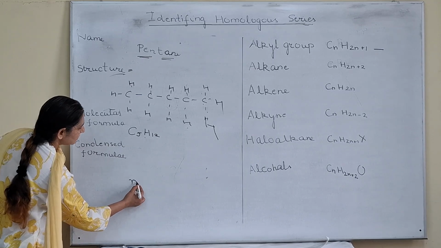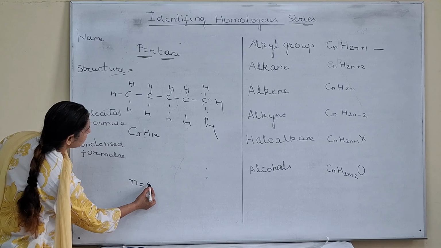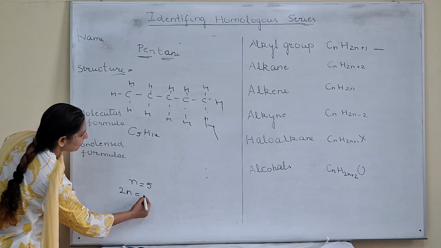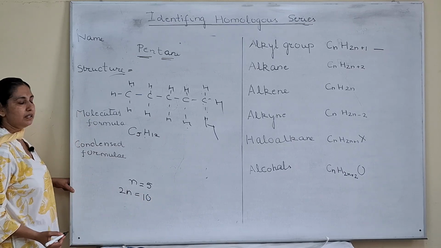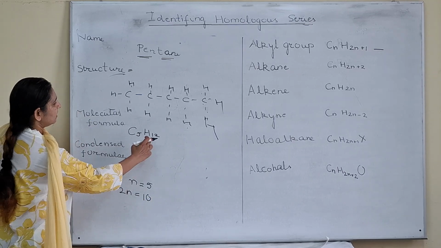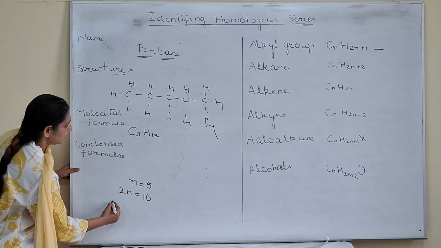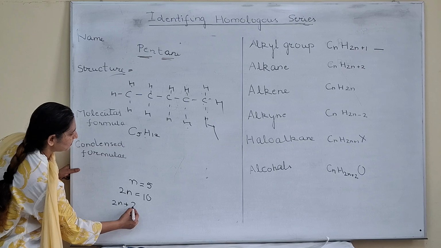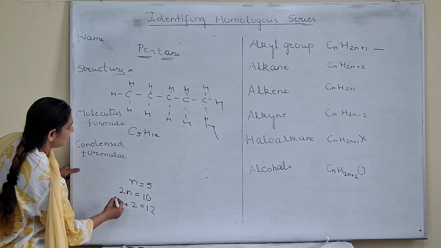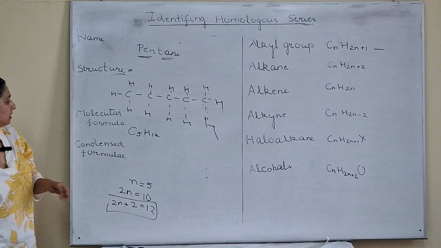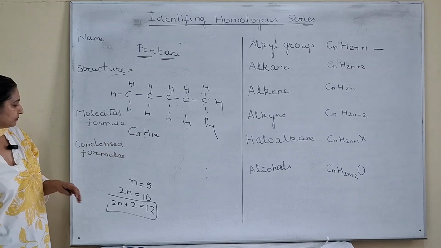So n is 5. Then find 2n. 2n becomes 10. Now, is this 10? No, it's 2 more than 10, so we can say 2n plus 2. This matches our formula because hydrogens are 12 in number.